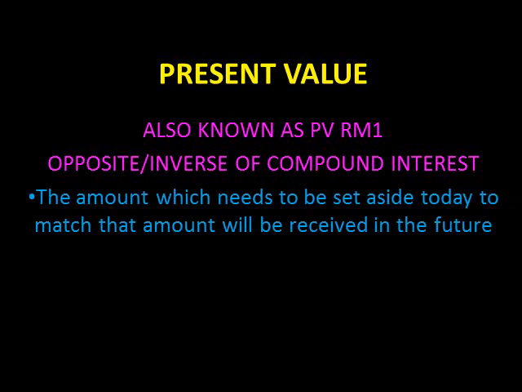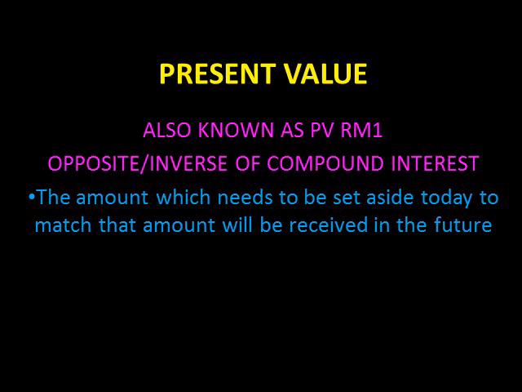Okay, so the present value is actually the amount that needs to be set aside today, or save today, in order to match the amount that will be received in the future.